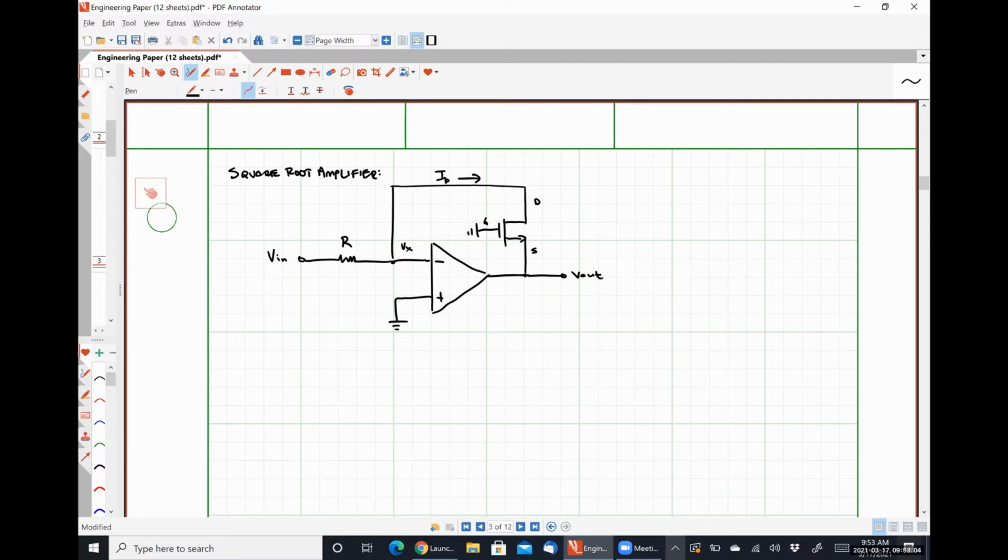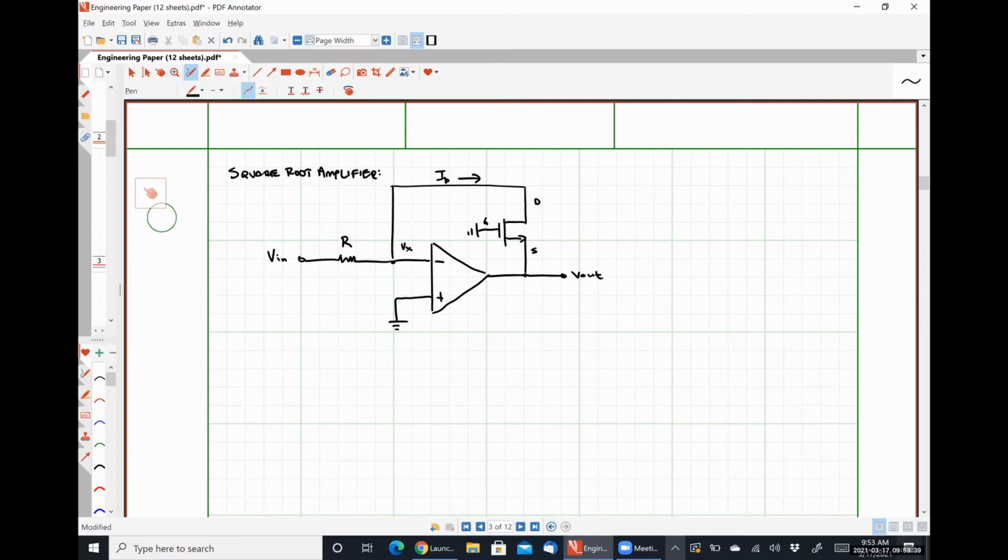So for a diode connected MOSFET, what region of operation is it forced to be in at all times? Saturation, triode, or cutoff? It's got to always be in saturation because VGS is equal to VDS. So VDS will always be greater than VGS minus VTH, okay? So this guy is always going to be in saturation.